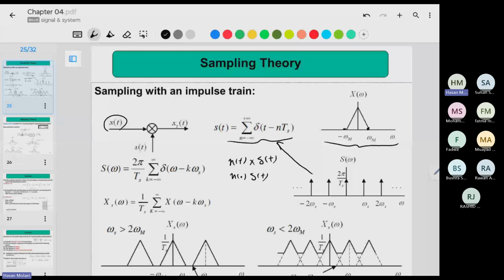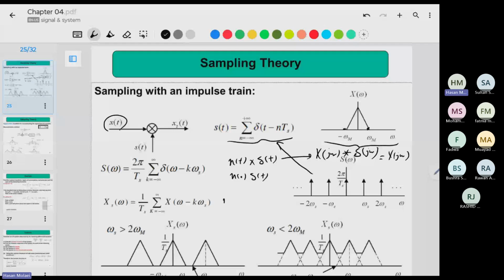Multiplication in time domain is convolution in frequency domain. Now I have multiplication in time domain, so it should be convolution in frequency domain. Convolution of everything with delta gives everything, so this is X(j omega).